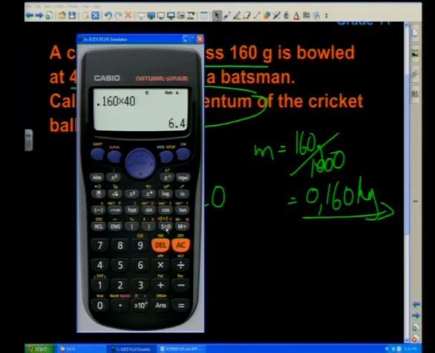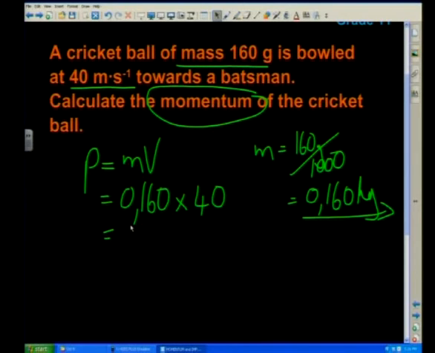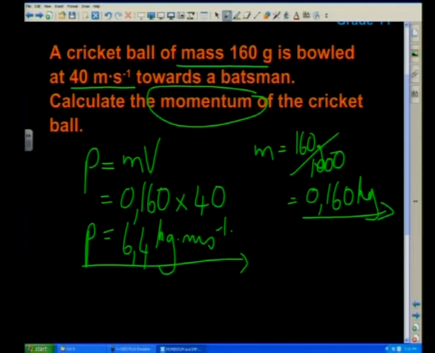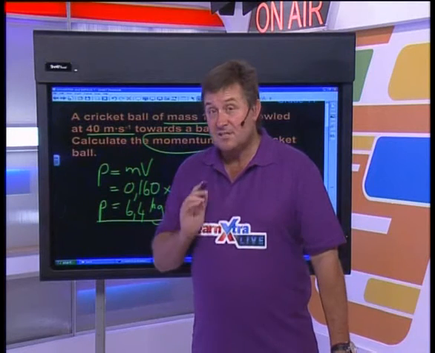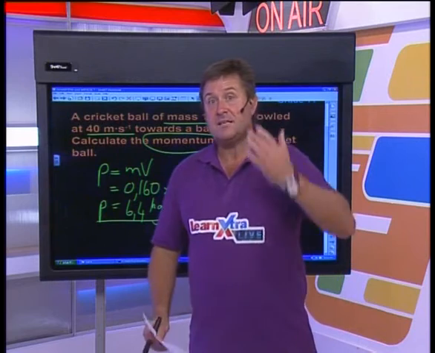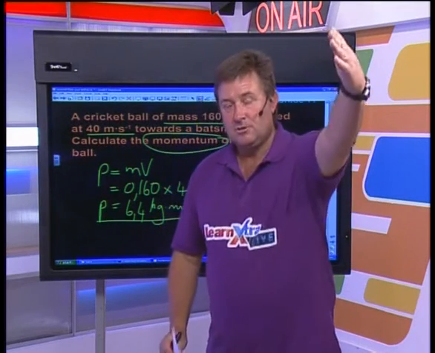And there's our answer, 6,4. That's going to be my momentum, kilogram meter per second. Okay, notice, guys, we have a positive value, and that means that the momentum is in the direction of the motion.